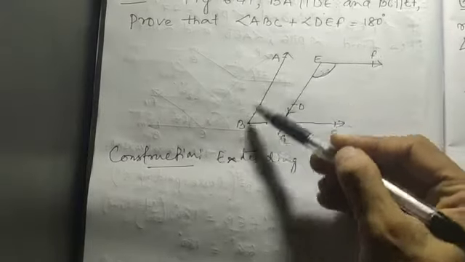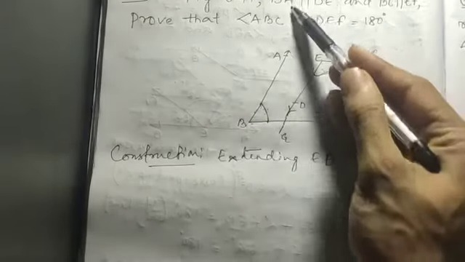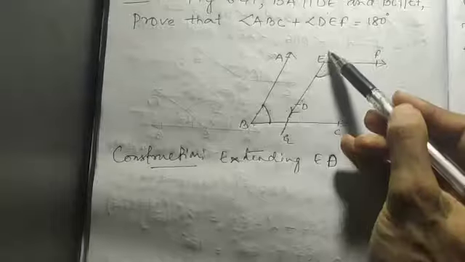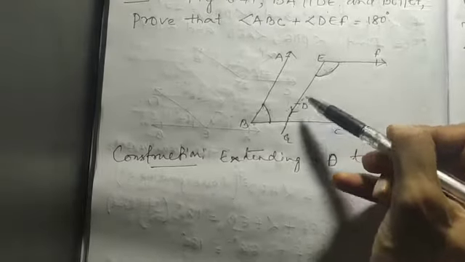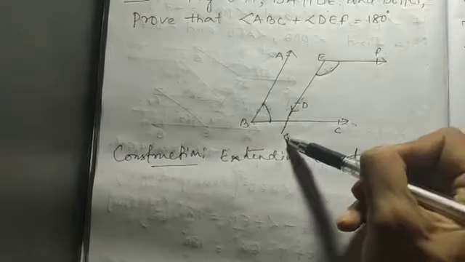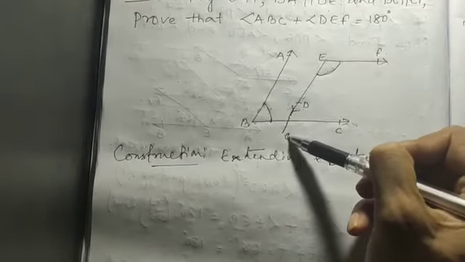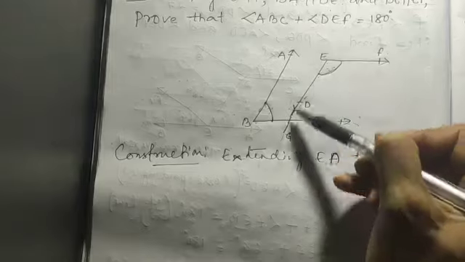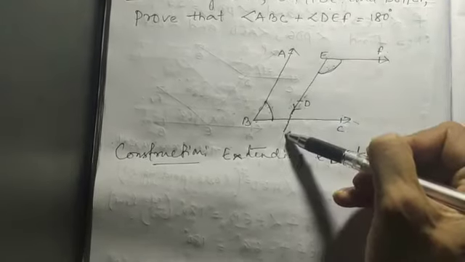Now see what they said. AB is parallel to ED. If AB is parallel to ED, then AB is parallel to EG also, because G lies on ED. Yes or no?